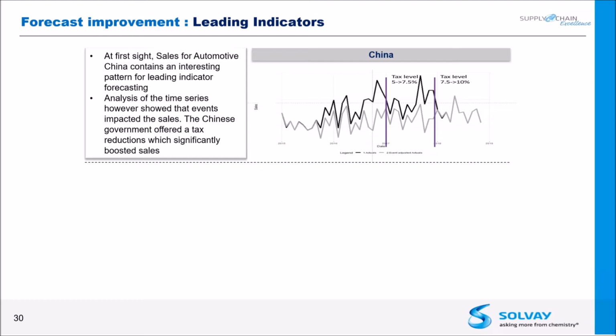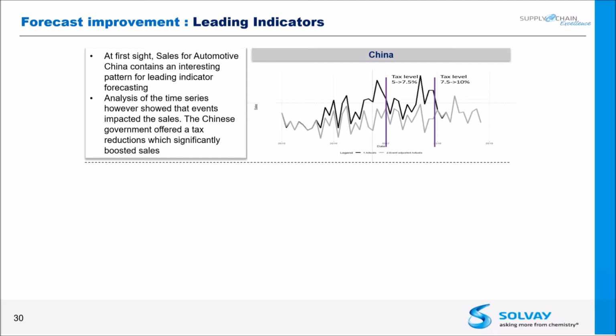Now, looking at the third market we considered, which is China. China is a specific market where government is influencing sales by changing the taxes.